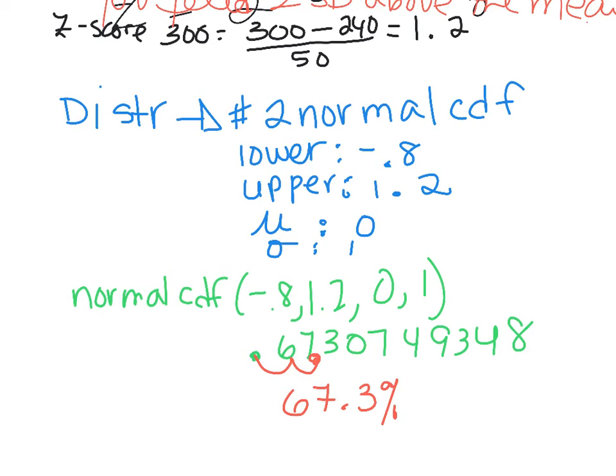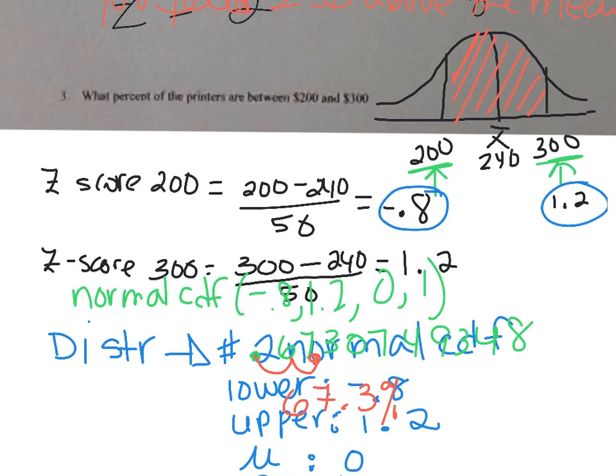There is a way to plug this in by just using these values here, just by using 200 and 300, and you have to have the standard deviation and you have to have the mean. Okay, so that's what I'm going to go over now. Okay, so again, here's my bell curve.